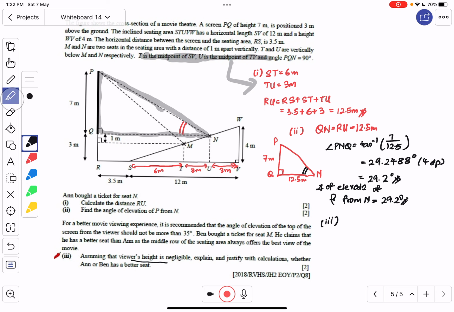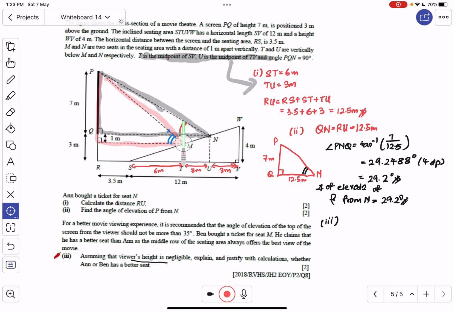So what they are really asking you is to consider maybe the red and the gray triangle and to calculate this blue angle and the red angle. Which one gives you a better angle? Both ideally should not be more than 35 degrees, then both are ideal seats. But if one of them is more than 35, then that's the one we will reject.